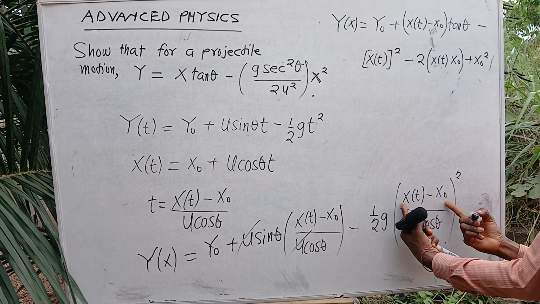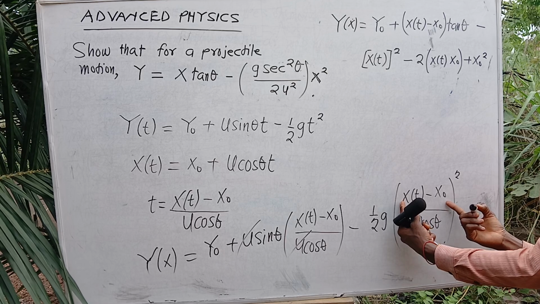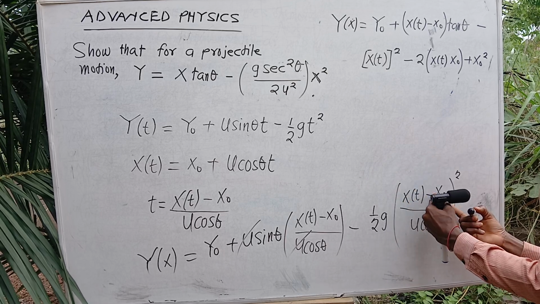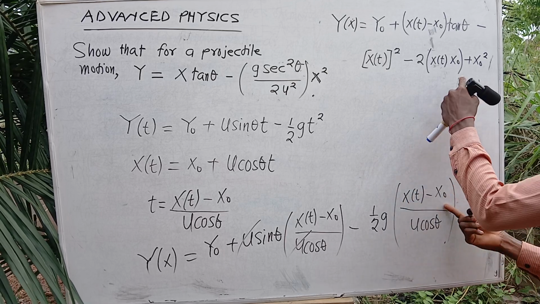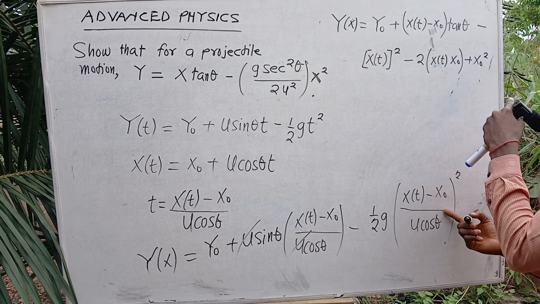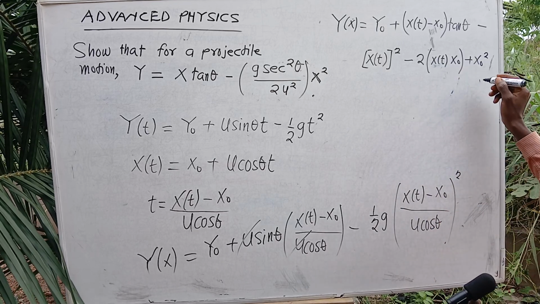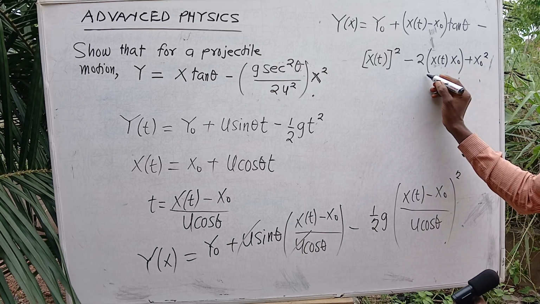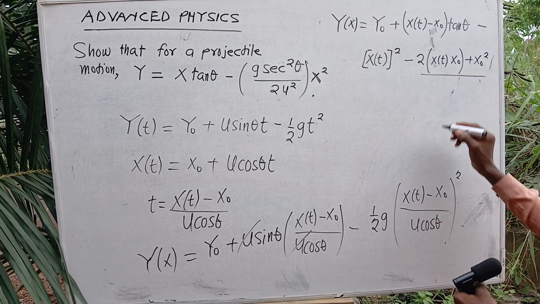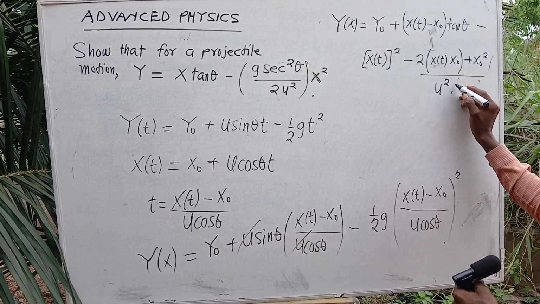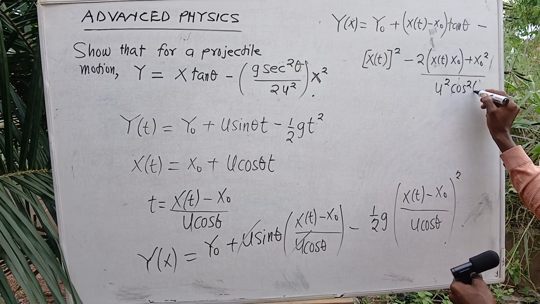So the square of this top quantity, the numerator, is going to be x of t squared minus 2 times x of t x naught, then plus x naught squared, before we divide by u squared cos squared theta.